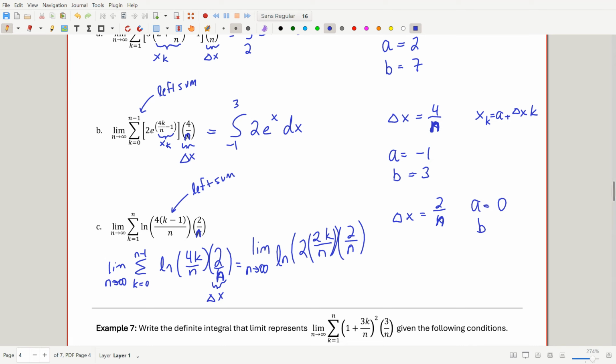What's my b? 2. So I've got here the integral from 0 to 2 of the ln of 2x. I have 2xk here. So it's 2x and then dx.